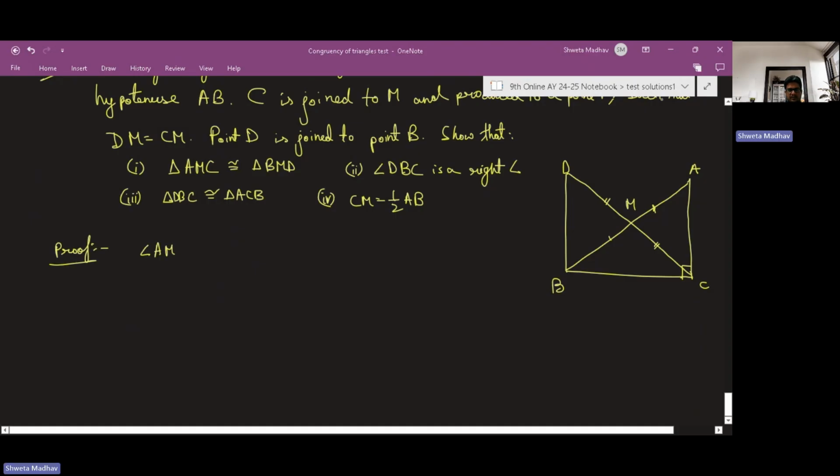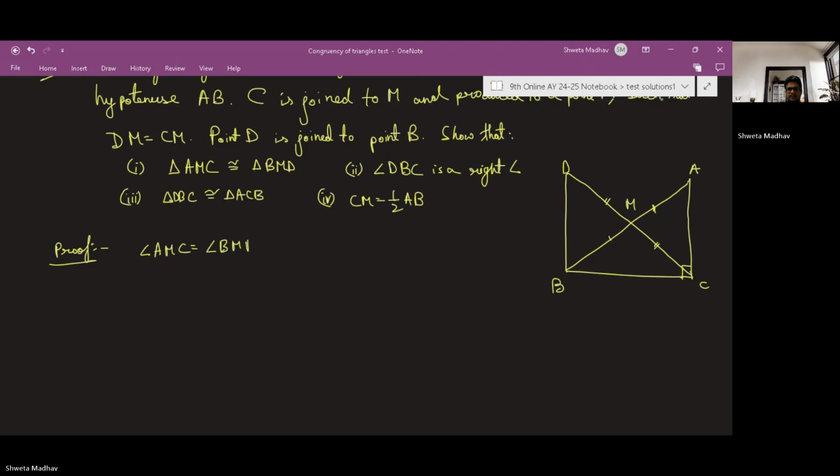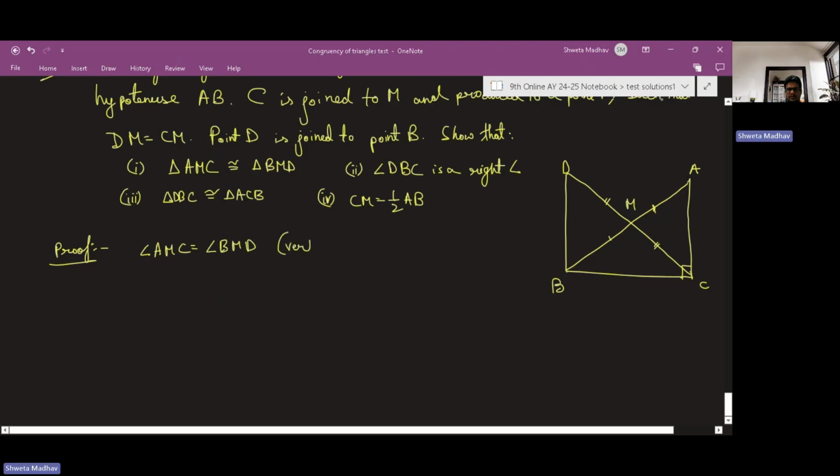So angle AMC is equal to angle BMD, since they are vertically opposite angles. AM is equal to BM.